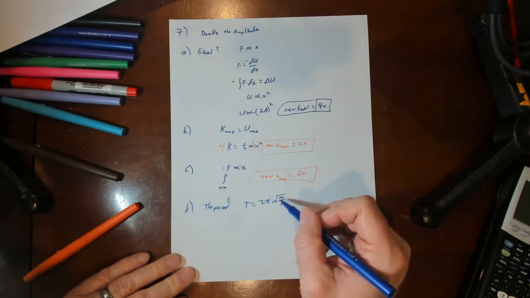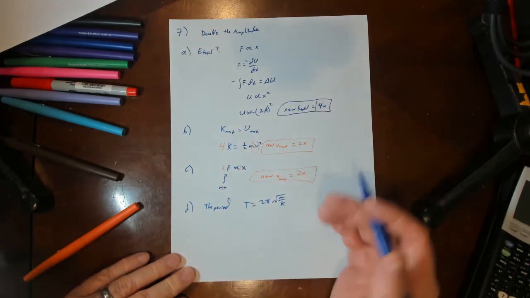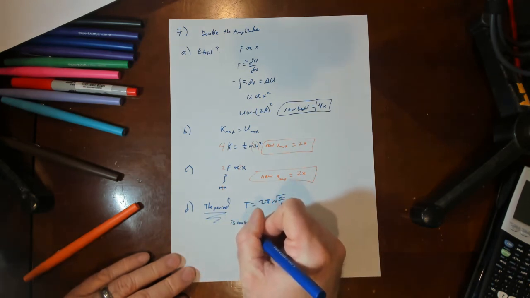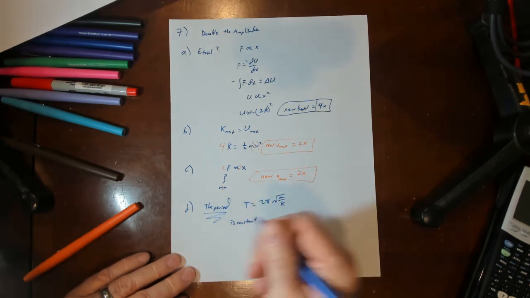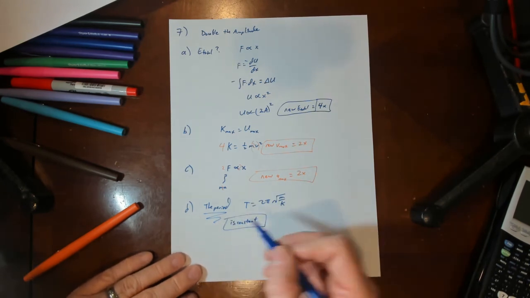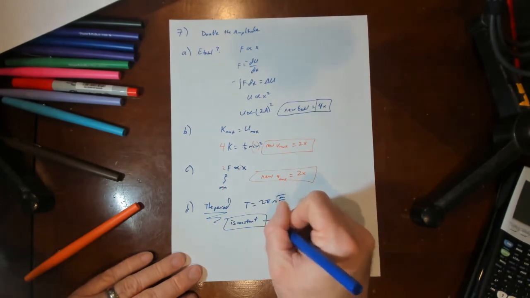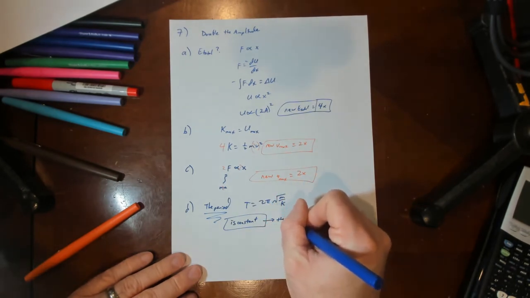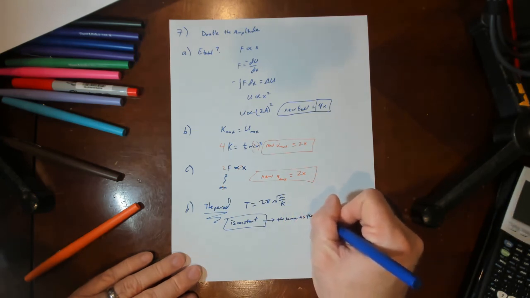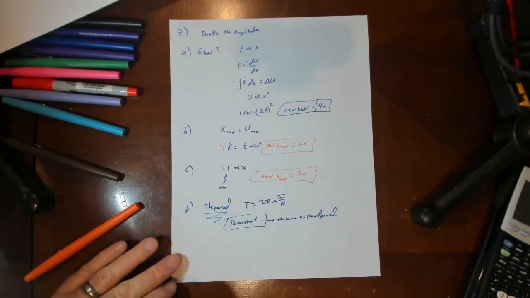It doesn't depend on how far you've stretched the system. Remember, one of the things that makes simple harmonic motion so cool is the fact that the period is constant, regardless of how far you displace the system from equilibrium. So the period is not affected. It's the same as the old period. It's not affected by amplitude. All right, that's problem 7.